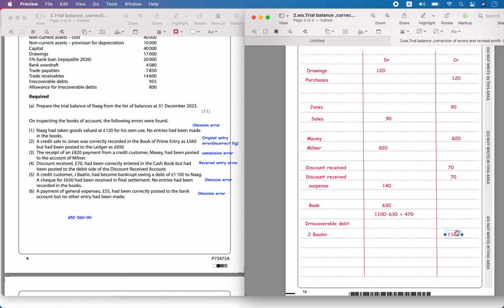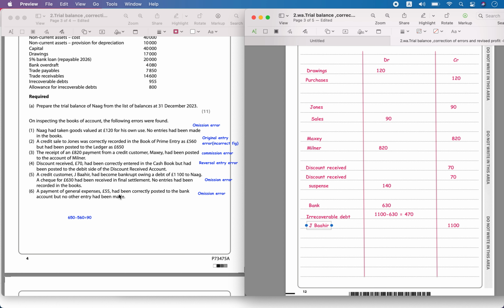It will be totally 1100 in the trade receivables. It has become irrecoverable debt, but some amount was received in the bank and some was considered irrecoverable. The total irrecoverable debt in the J. Bashir trade receivables account will become 1100, that is 630 plus 470. So this is a double entry which is going to get affected.